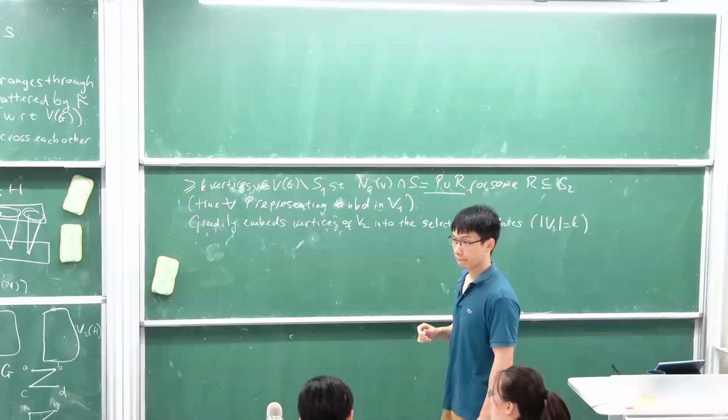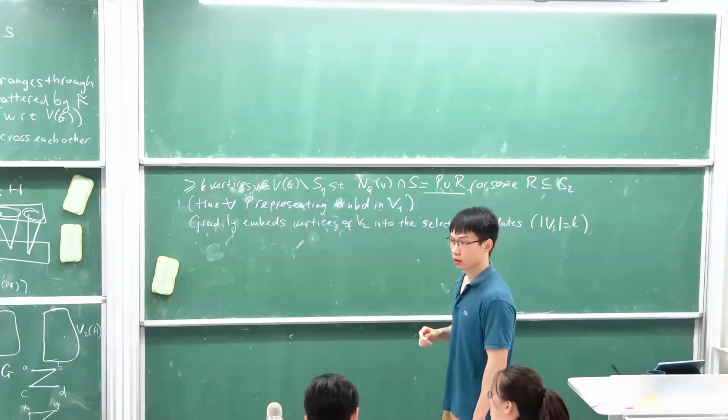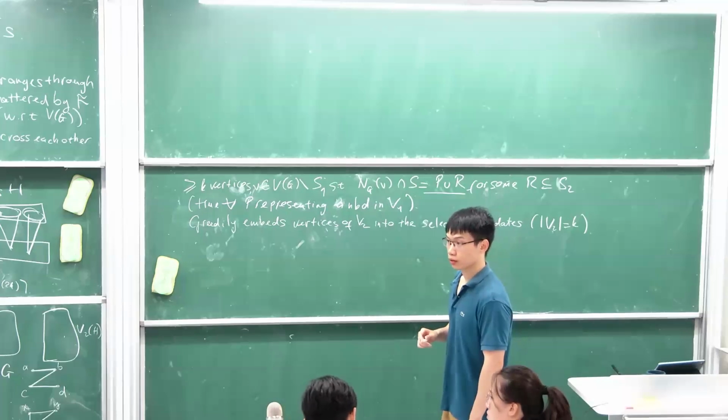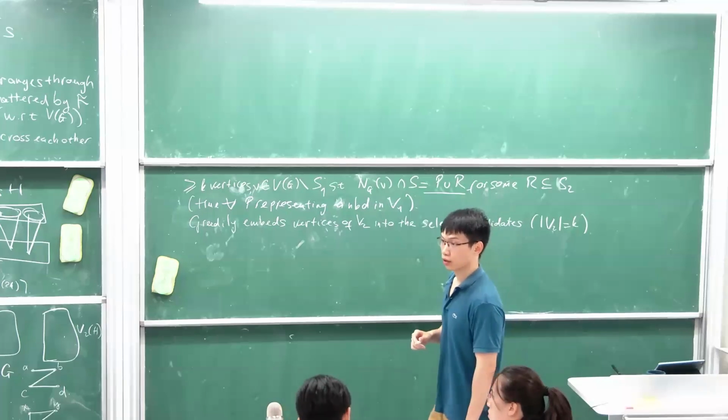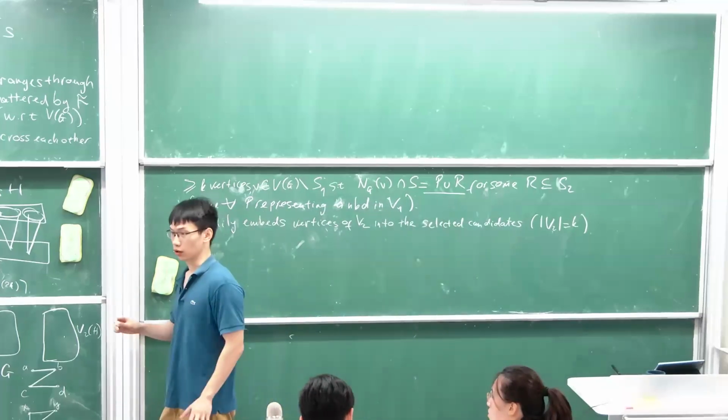You're worried about the situation where two vertices in V2 have the same neighbors? How do you handle that? Use a different R prime, right, in S2. Yeah, a different one up front. Oh, okay, okay.